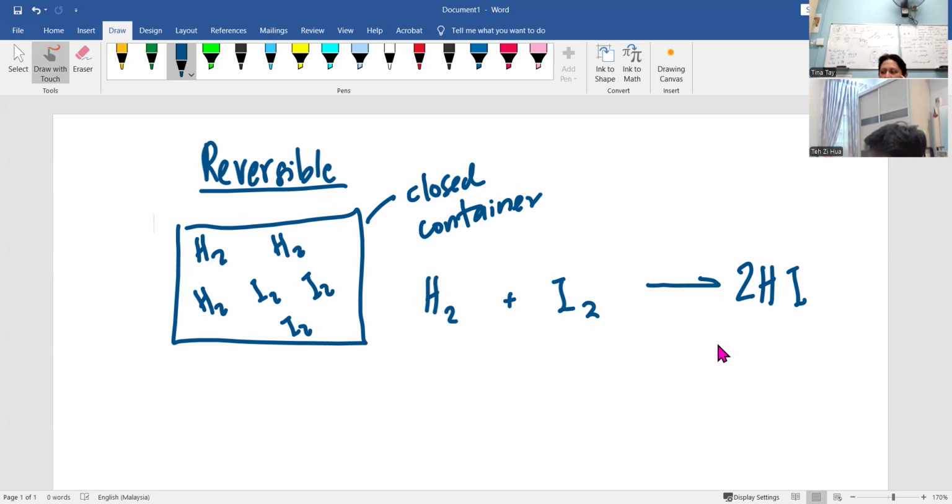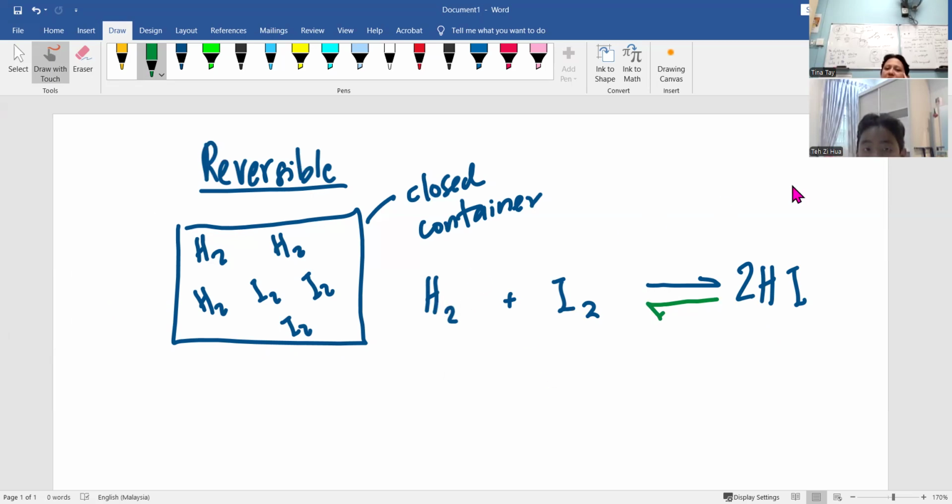At first there is no hydrogen iodide, so at first the reaction will only go forward. After a while, the hydrogen iodide becomes more and more, so it also starts to break apart and form back hydrogen and iodine.